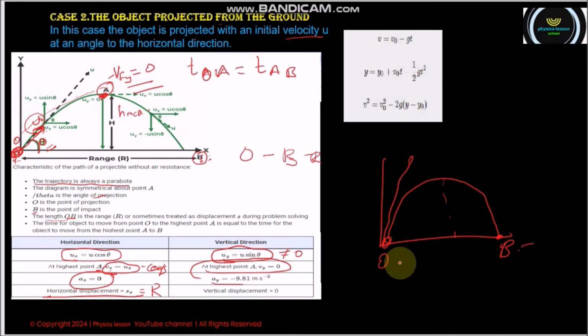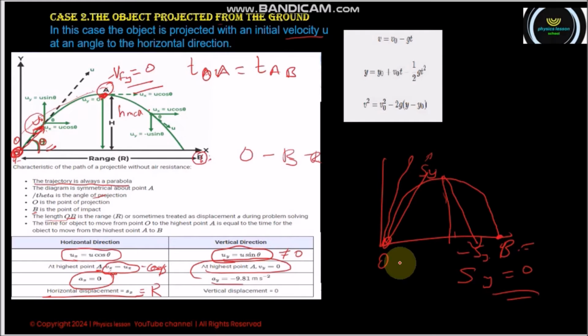So the displacement across y is equal to 0, because displacement is a vector physical quantity. Half goes upward, the displacement across y, then when it goes down, again, negative s across y. When we add these displacements, the value is 0.